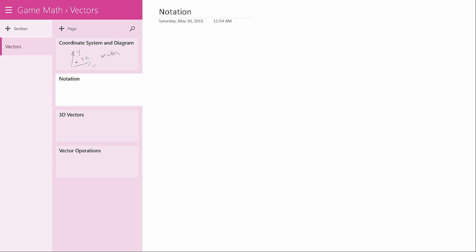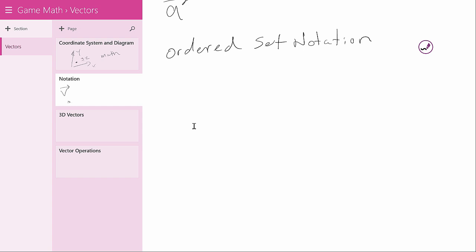So we usually represent a vector with V and an arrow. Usually V is the standard. You can name it A, B, C, or whatever, but it's usually identified as a vector with the arrow above it. So it can be A with an arrow. So that's an A vector. So, ordered set notation. All right, let's discuss that.